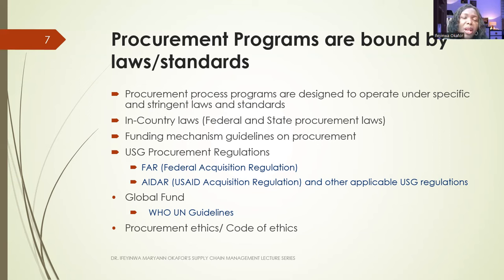And then we also have United States government procurement regulations like FAR, the Federal Acquisition Regulation, and AIDAR, the United States Agency for International Development Acquisition Regulation, or USAID Acquisition Regulation, and other applicable United States government regulations.